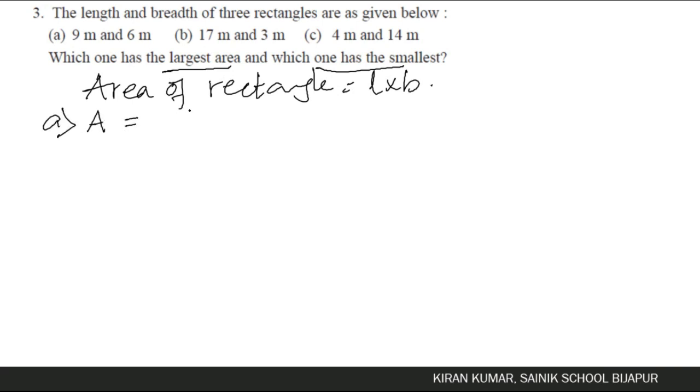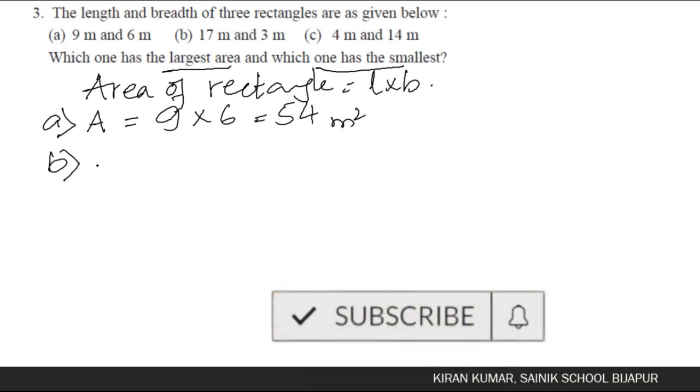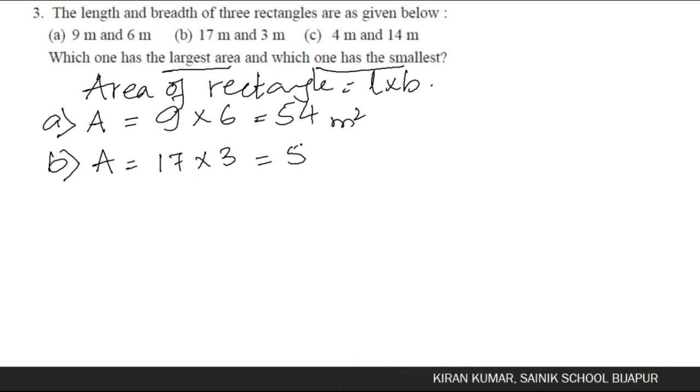For the first one, area is 9 meter into 6 meter, 9 times 6, 54 meters square. For the second one, area is 17 meter into 3 meter, it becomes 51 meters square. For the third one, area is 4 meter into 14 meter, 4 times 14 is 56 meters square.